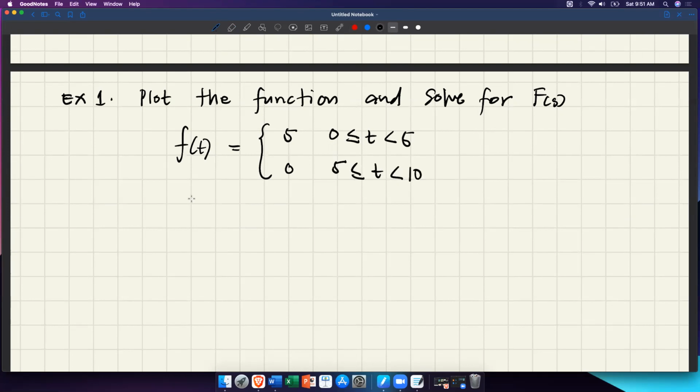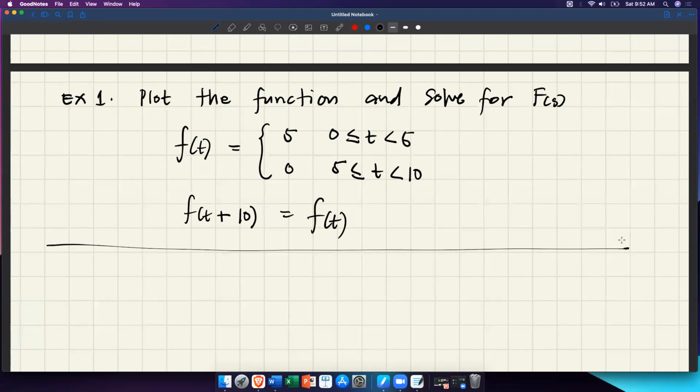And of course, your function of t is a periodic function. This is function of t plus the period. So obviously the period is 10, equals function of t. So this is now the given. First thing to do is to plot the function first. According to the problem, you have to plot the function, then solve for the Laplace transform.